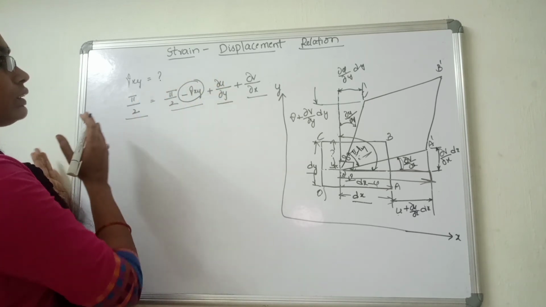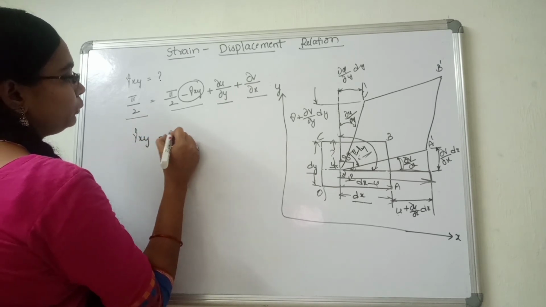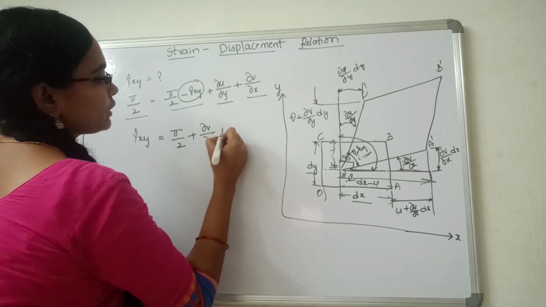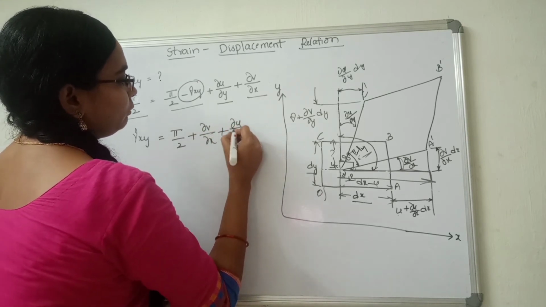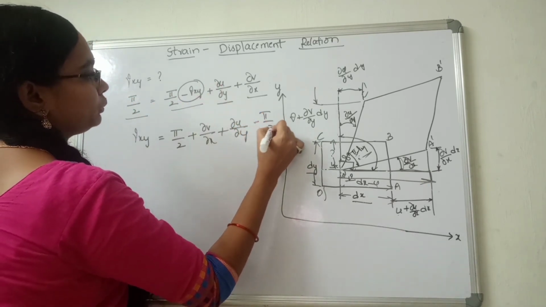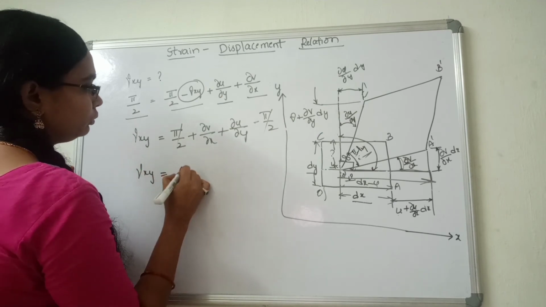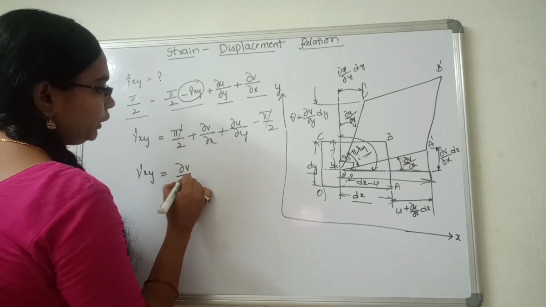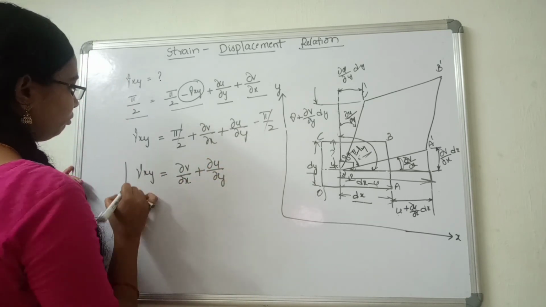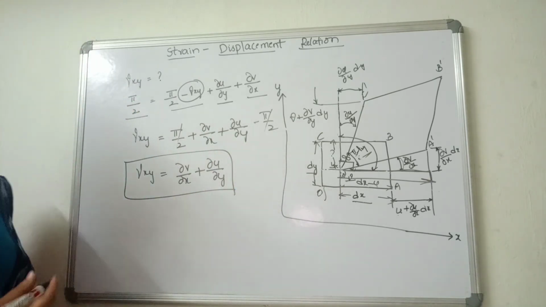Just this can be sent to left side. Gamma xy is equal to pi by 2 plus dou v by dou x plus dou u by dou y minus pi by 2. Okay, gamma xy is equal to dou v by dou x plus dou u by dou y. So this is gamma xy.